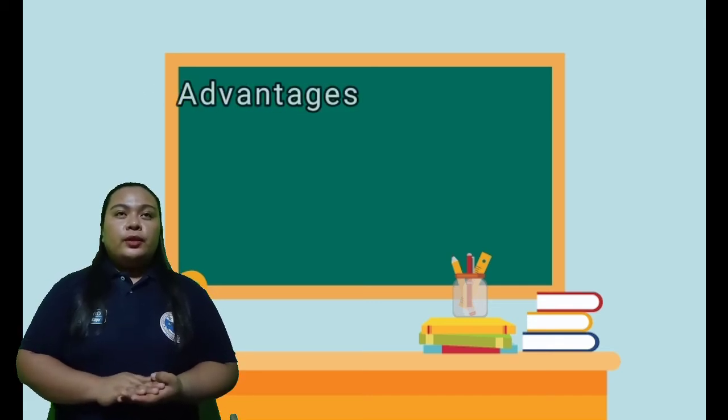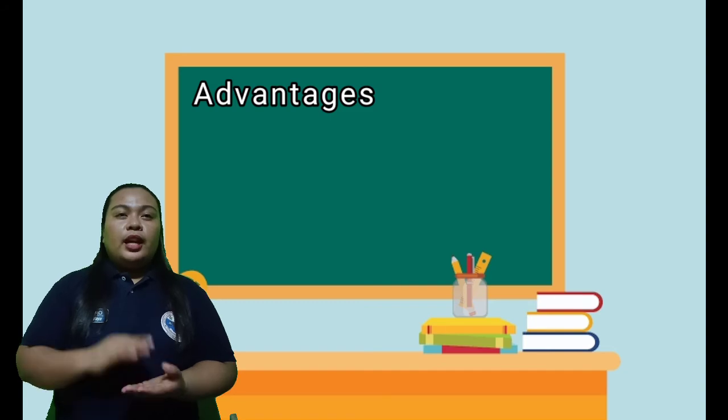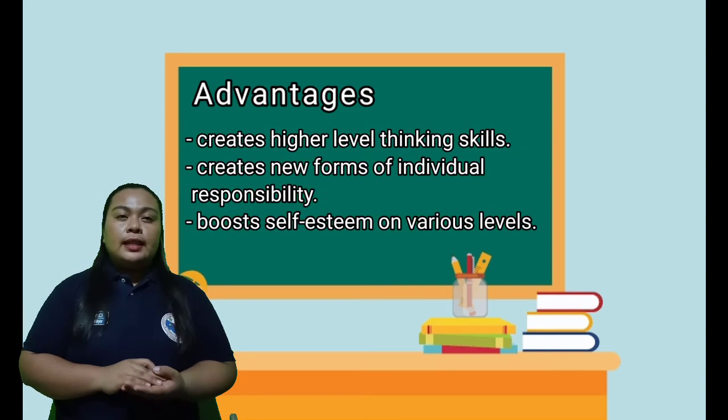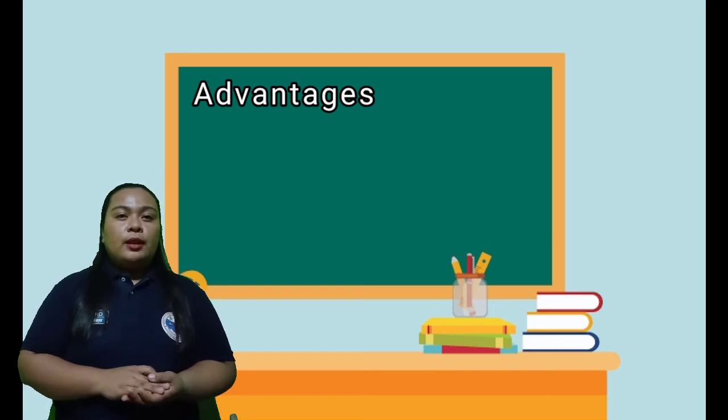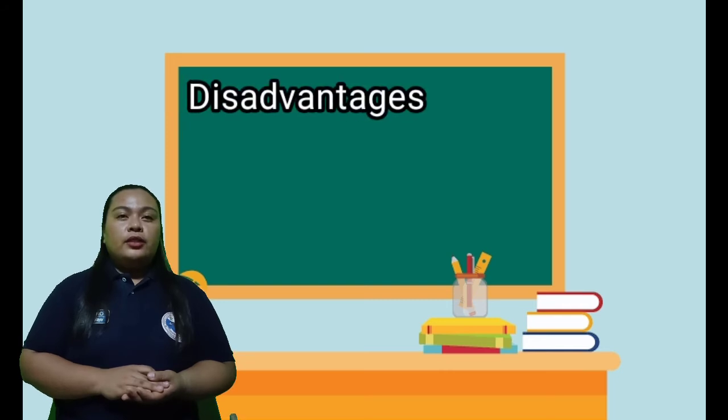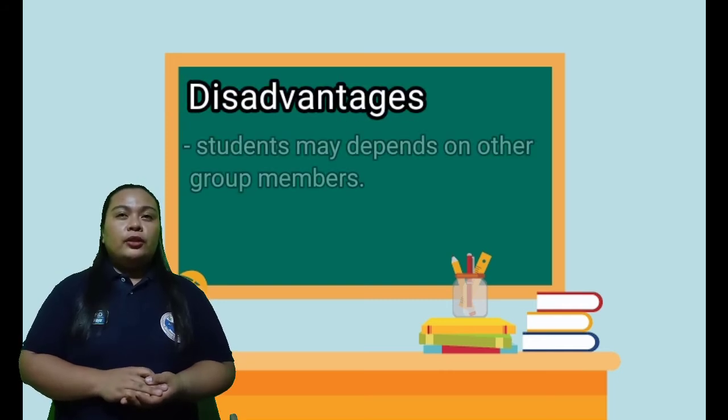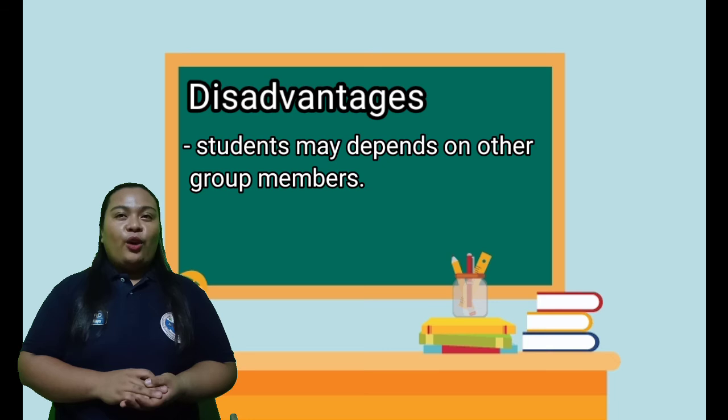The advantages of this teaching method are it creates higher level thinking skills, creates new forms of individual responsibility, and it boosts self-esteem. And the disadvantage of this teaching method is that students may depend on the group members.